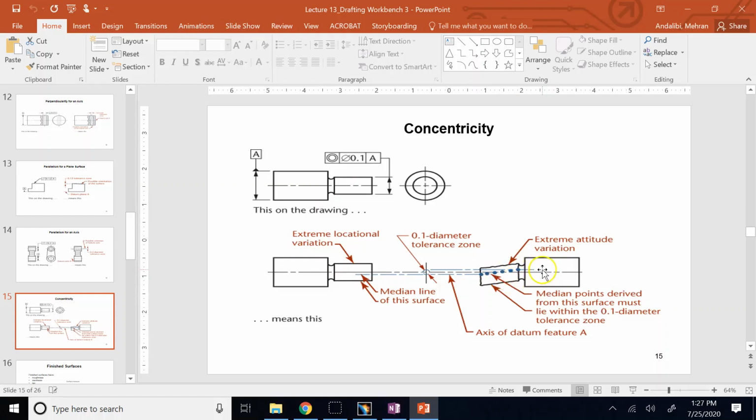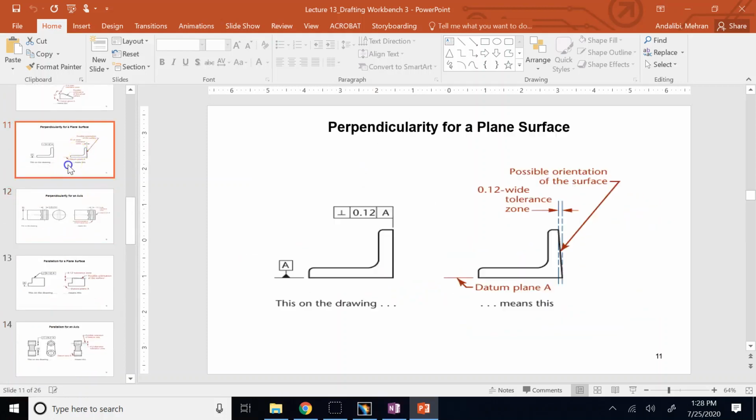Of course, this is really so bad. This is exaggerated. But if you look at the axis of this circle at the end of the shaft, and the axis of the big circle, the gap between these two axes should not be more than 0.1, and so on and so forth, right? So you get the idea.